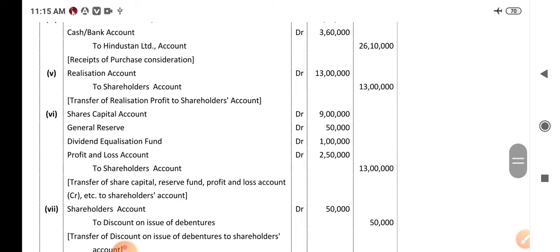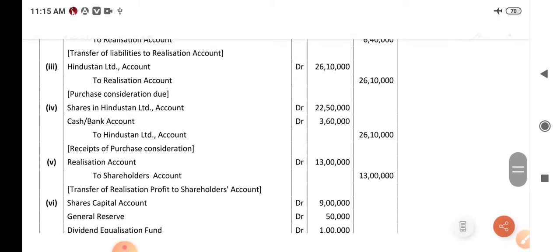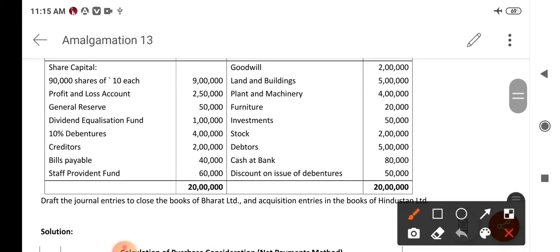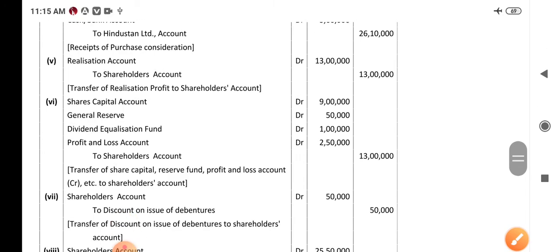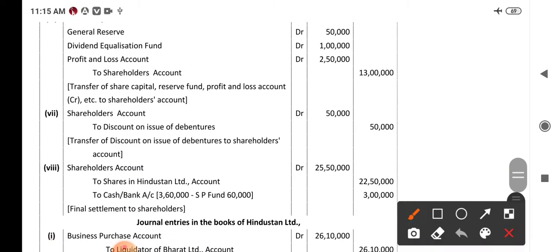Share capital, general reserve, dividend equalization fund, profit and loss account to shareholders account. Okay, next now look at the asset side. In the asset side, lastly we have one fictitious asset, discount on issue of debentures. So that fictitious asset should also be written off by transferring it to shareholders, and the entry is shareholders account debtor to discount on issue of debentures account, right?